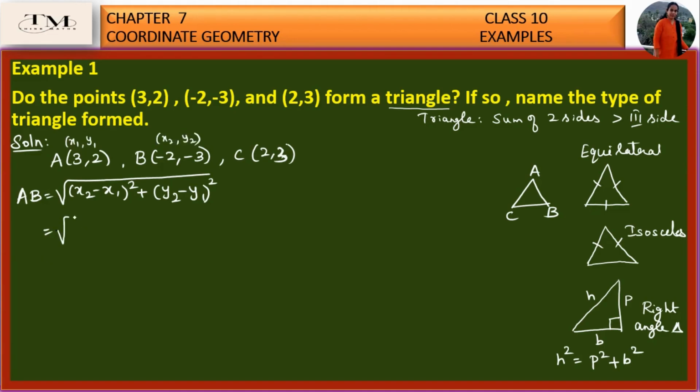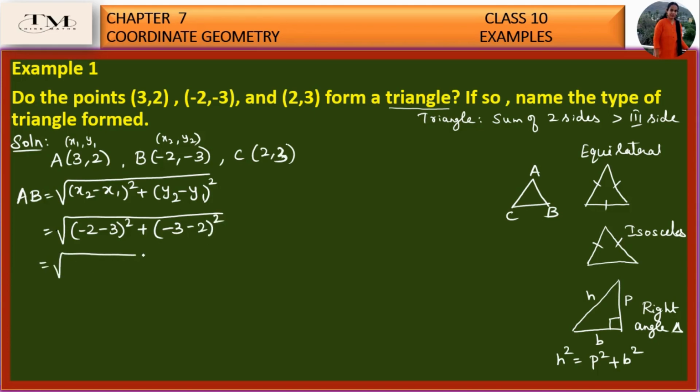What is x2 minus x1? It is -2 minus 3, whole square, plus y2 minus y1: y2 is -3, y1 is 2, so -3 minus 2, whole square.